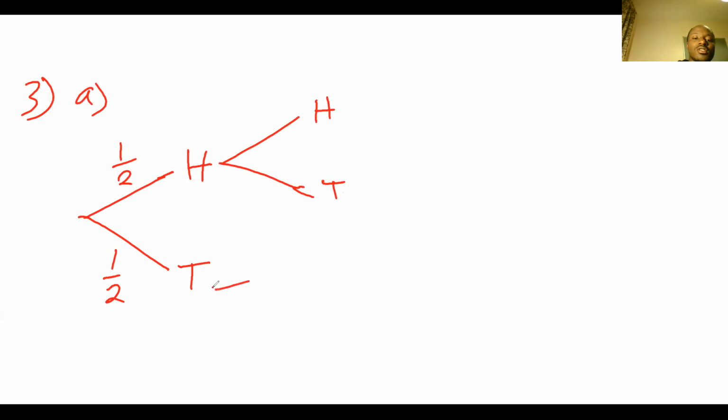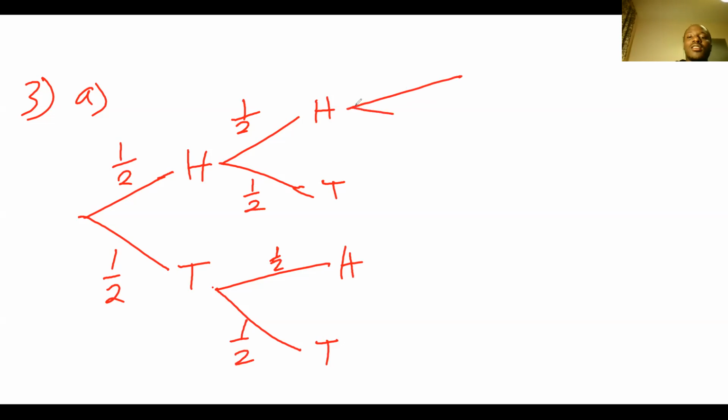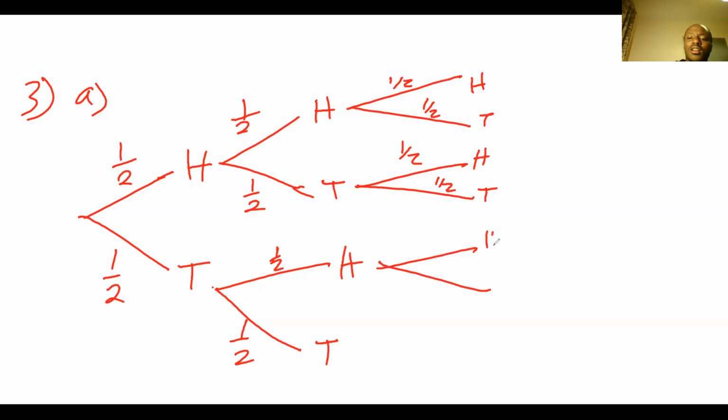Same if you toss after getting a tail, you still get a head or a tail, half, half, since it's unbiased. Then the third time you'll still get a head or a tail, half, half.